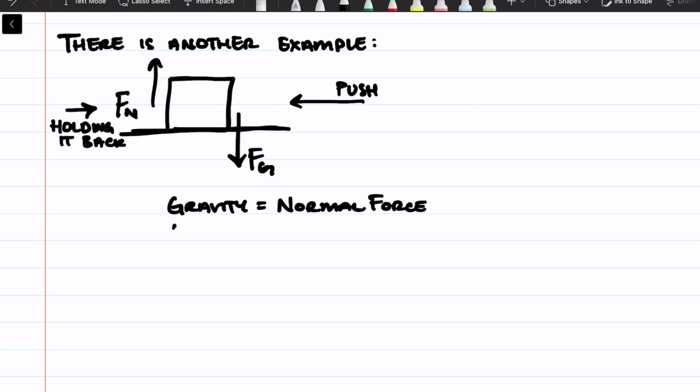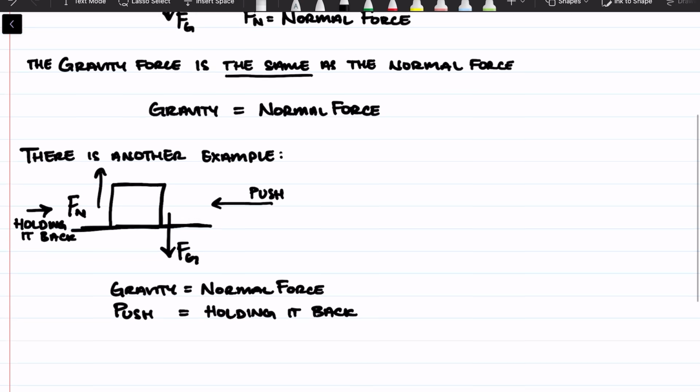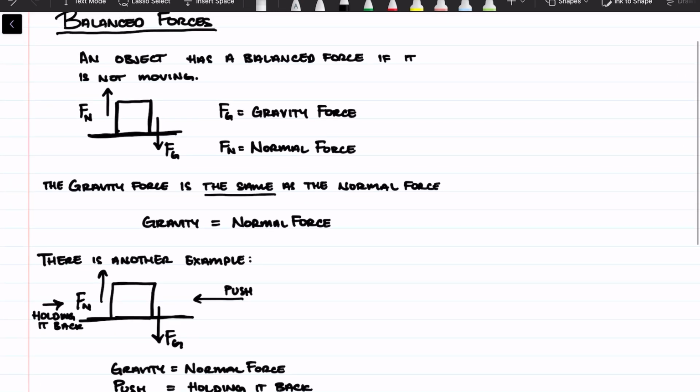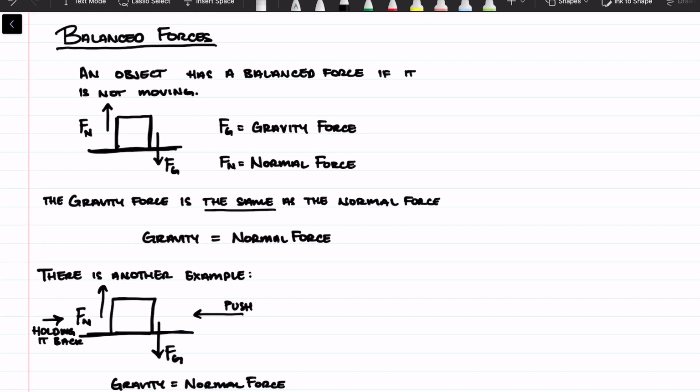But also, the push is the same as the thing that is holding it back. So this is an example of a balanced force right here.